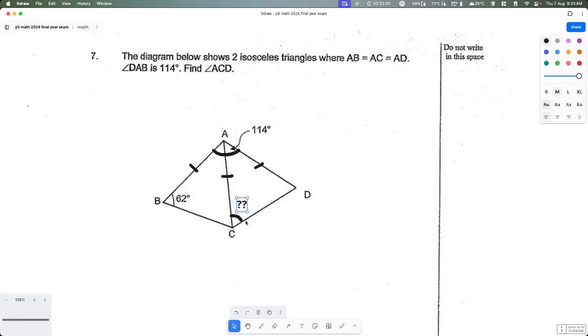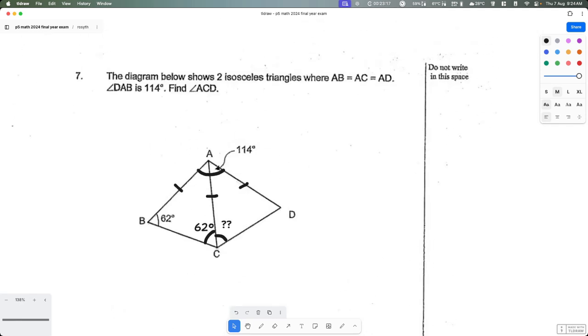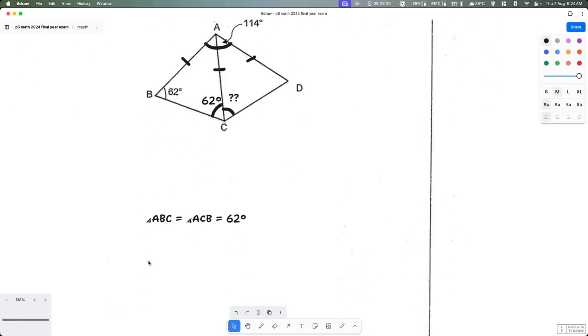All right. Okay, so in this case, we know that this is isosceles. So we know that this over here is 62 degrees, correct? So I'll just put here, angle ABC is equal to angle ACB. ACB is equal to 62 degrees. Okay, so now I'm just going to draw this angle, maybe in red.